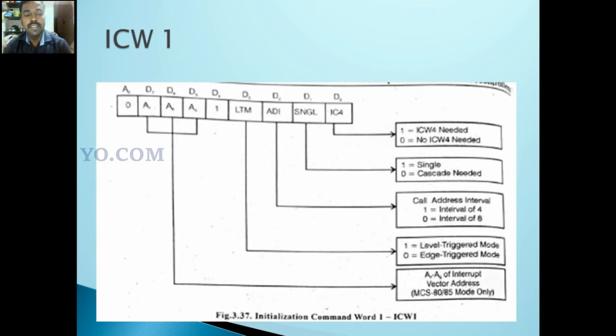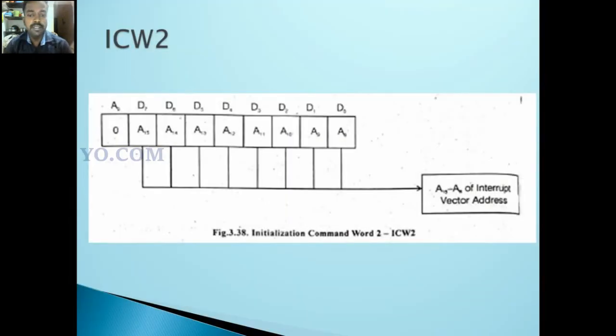Okay, so the slave ID is indicated by ICW3 in the slave device. The first 3 bits are mainly used for the slave ID, so we can connect 8 devices by using this slave ID, 0 to 7. Okay, this is ICW3.